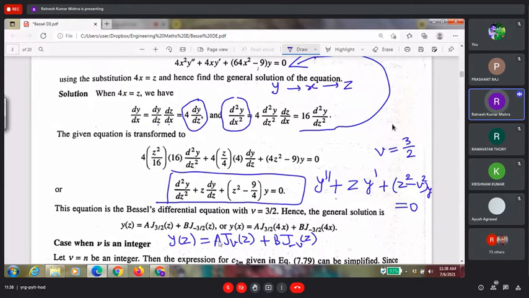Now what we do here, replace z with 4x. So now you convert it into terms of x. So this is the complete solution here, the general solution.